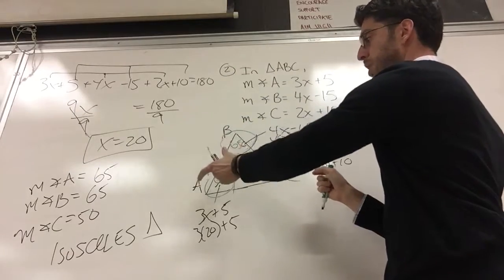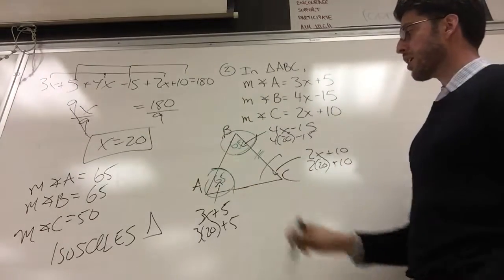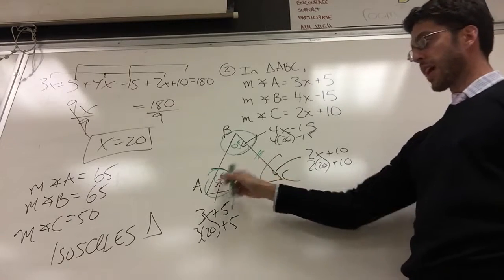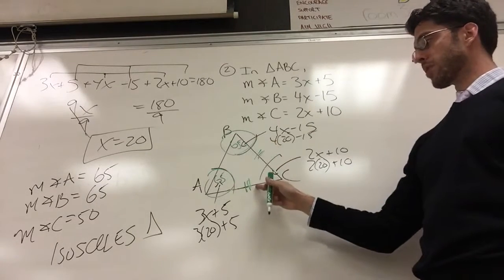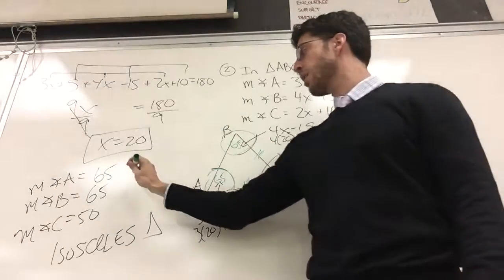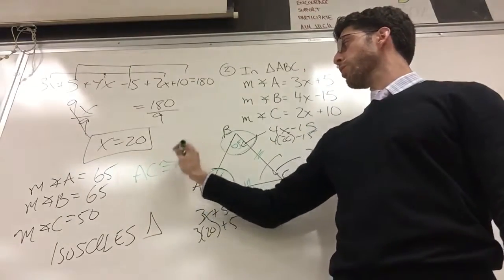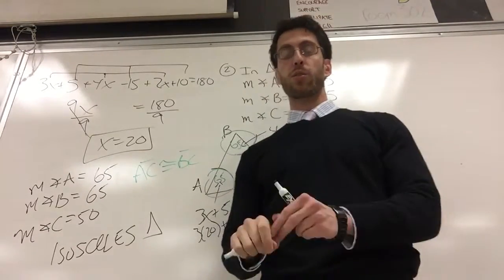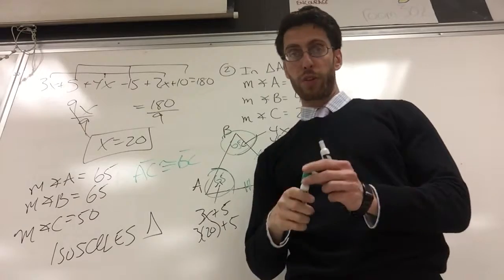So if you spin it, this leg and this leg are the congruent legs. That's opposite to 65 here, opposite to 65 here. So that means AC is congruent to BC, and that would really be a solid conclusion on a very rigorous test question.